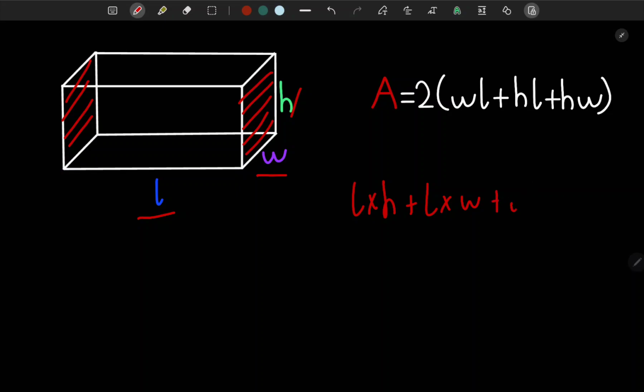So plus H into W, which is exactly the formula here. And of course, since we have two sides, we multiply this entire thing by 2. So that's the logic behind it. It's pretty simple. So actually you don't really need to memorize this formula. You can just multiply each of the rectangles and find them.